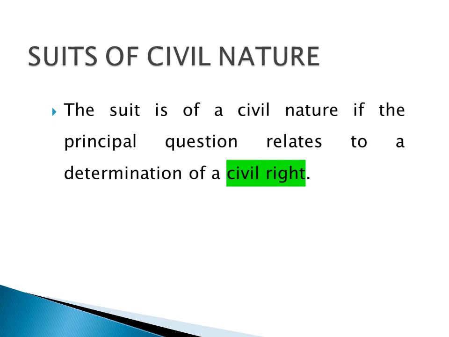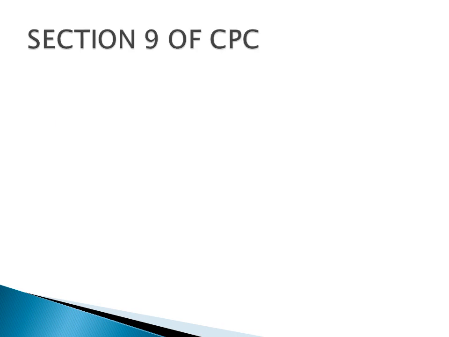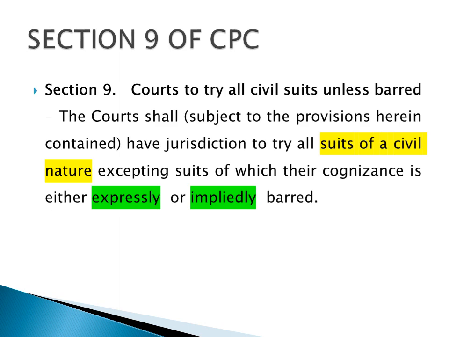Every court has its own jurisdiction, and civil courts also have their own jurisdiction. Section 9 of CPC provides that courts can try all civil suits unless barred. The courts shall, subject to the provisions herein contained, have jurisdiction to try all suits of a civil nature excepting suits of which their cognizance is either expressly or impliedly barred.